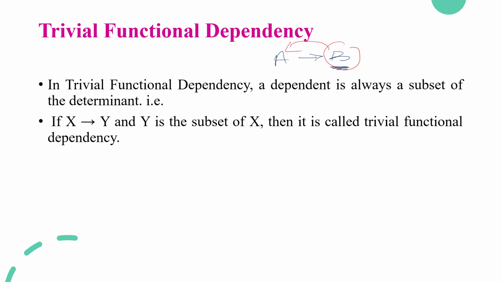So X determines Y is a trivial functional dependency if Y is a subset of X. For example, if A determines B is a trivial functional dependency, here B is a subset of A. Also we can say A can determine A or B can determine B. So these are also trivial.